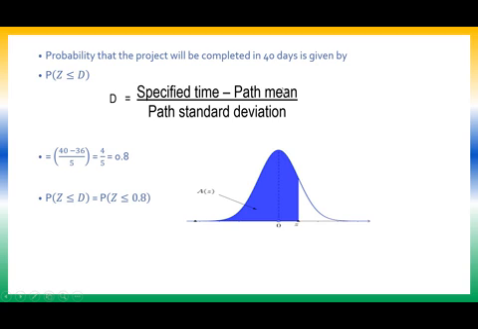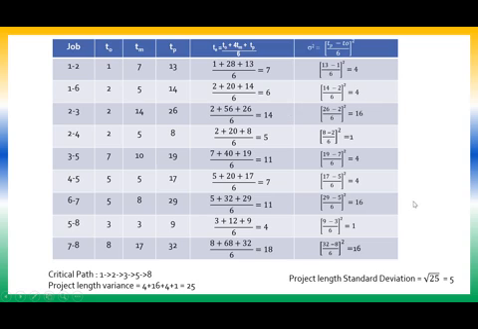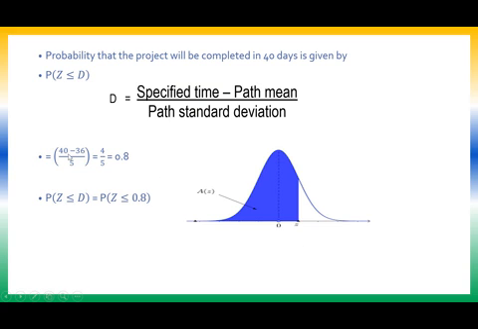Path mean is the expected project duration, which I have computed to be 36. So I get 40 minus 36 divided by the path standard deviation, which we have calculated to be 5. So it is 40 minus 36 by 5. 40 minus 36 is 4. 4 by 5 is 0.8.